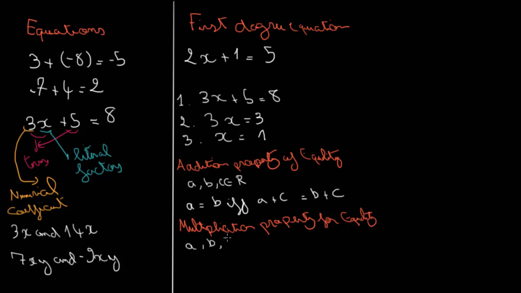So C is a real number, and C must not equal 0. A equal B if and only if A multiplied by C equal B multiplied by C.